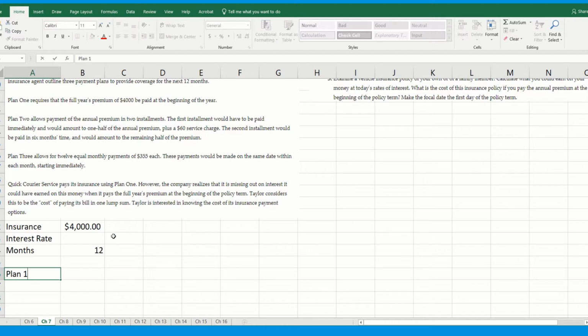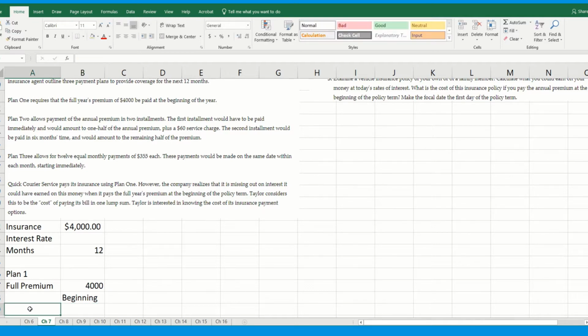So plan 1 requires a full year's premium, a full premium of $4,000, and it's to be paid at the beginning of the year. Okay, so it's paid at the beginning.